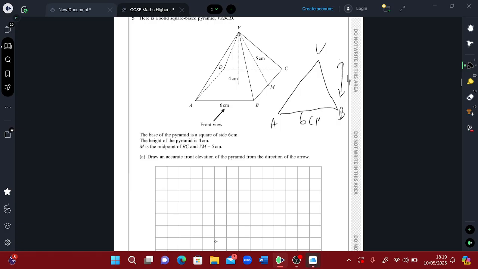That's the height from literally the base here all the way up to the top, I believe. Yeah, because this 5 here is slanted.